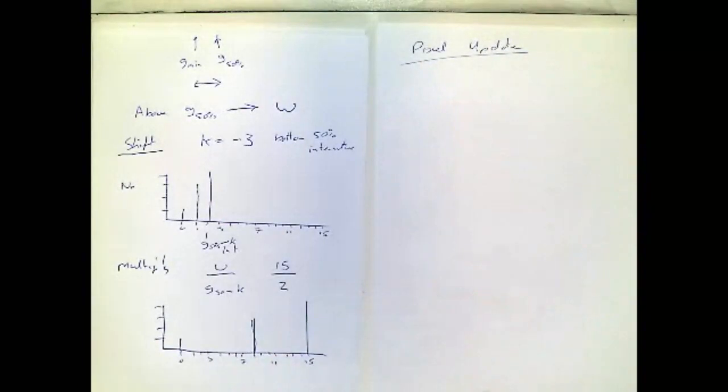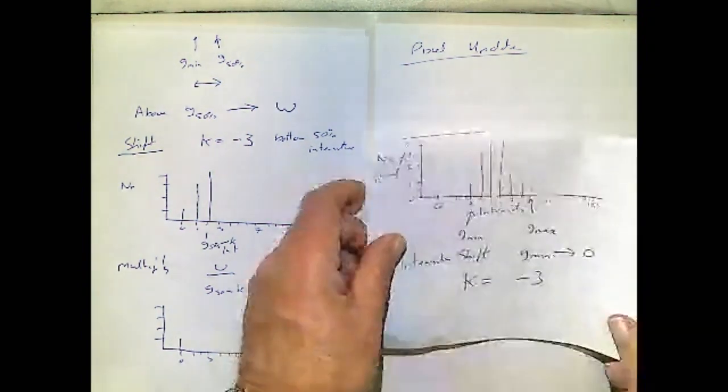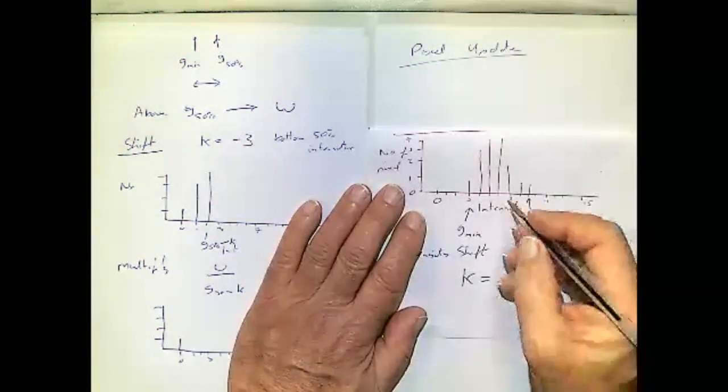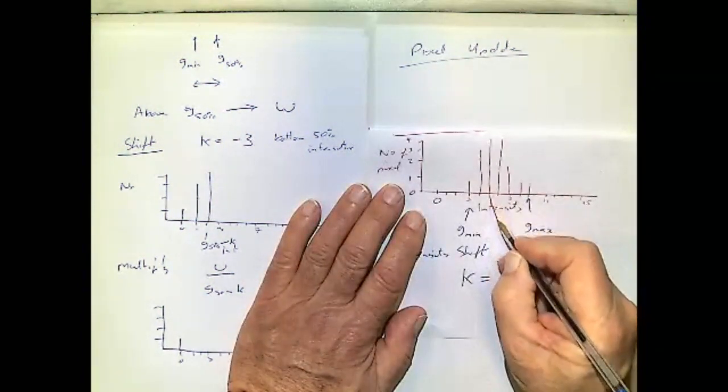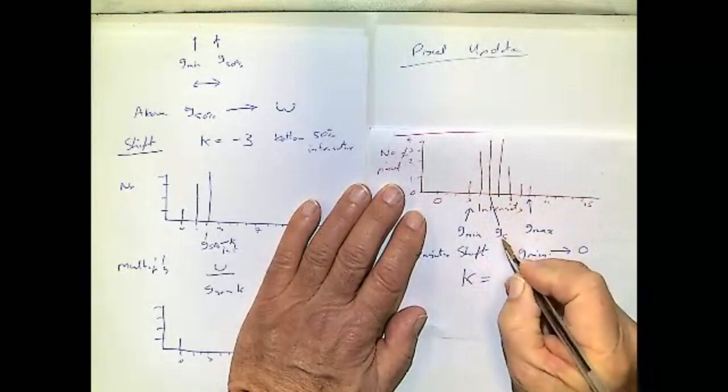And the values we need to go back to the original histogram. We were taking the 50%, so that was G 50%.